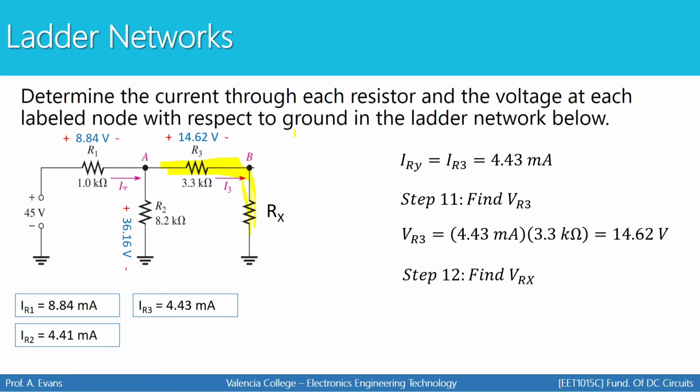For the next step, I'm now going to find the voltage for Rx. I know what Rx is, we've already calculated that. The current through Rx has to be the current through R3. These two things are in series. Use Ohm's Law. The voltage for Rx has to be the current going through it, which is the current I3, times its value, which we previously calculated.